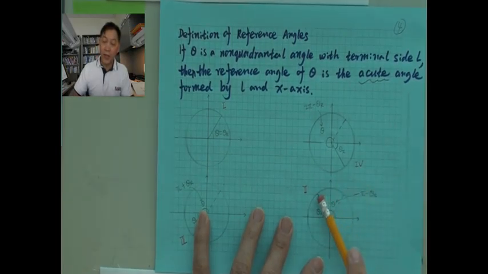So if the angle is in the second quadrant, then the angle theta is actually pi minus this angle. Okay?